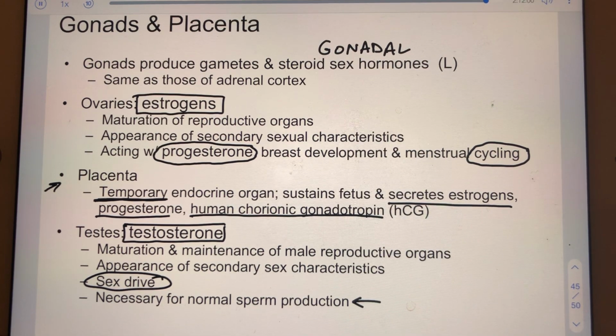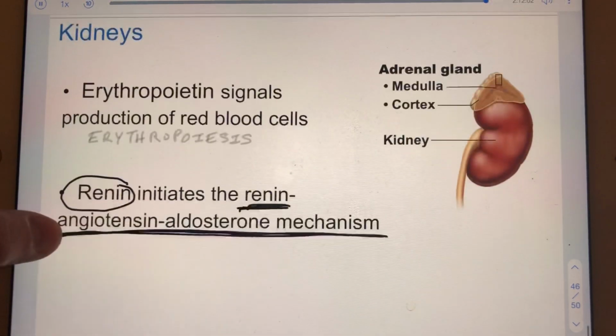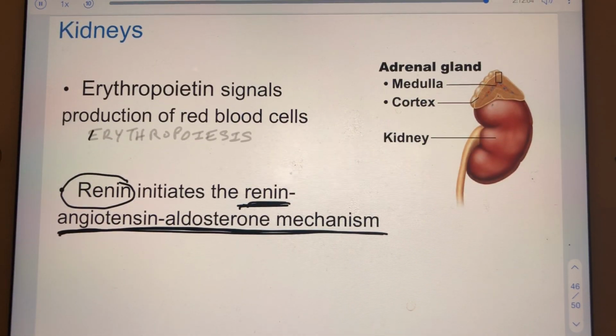The kidneys also produce erythropoietin, and erythropoietin promotes the process of erythropoiesis.